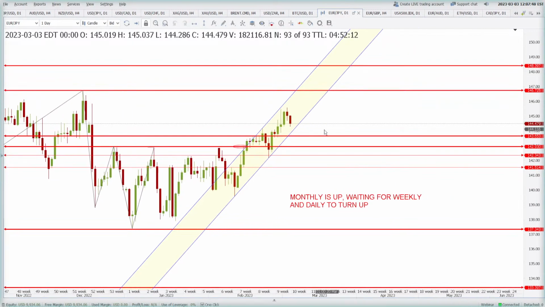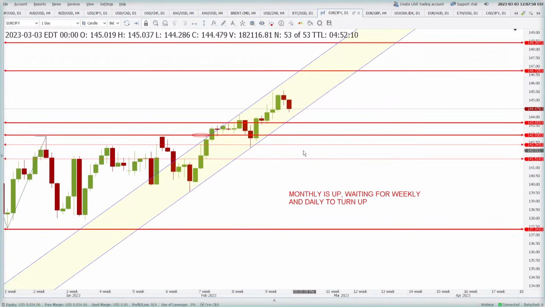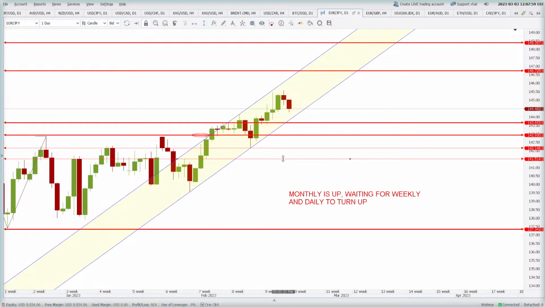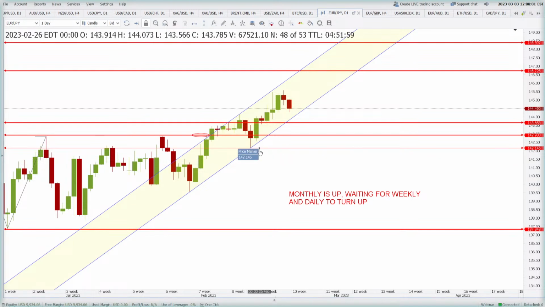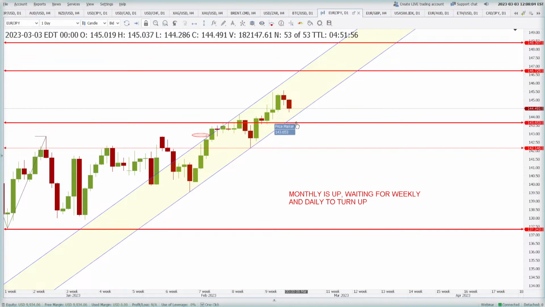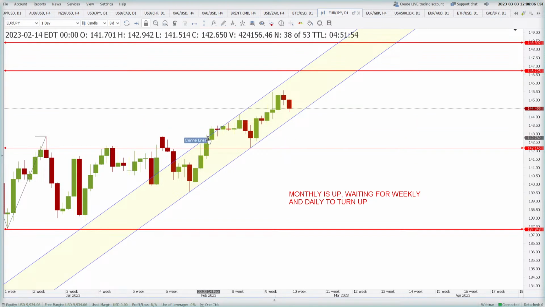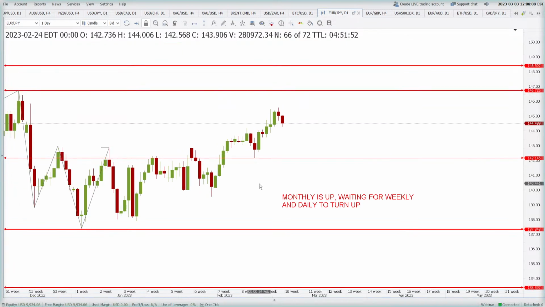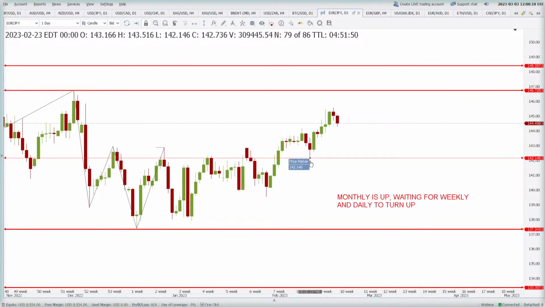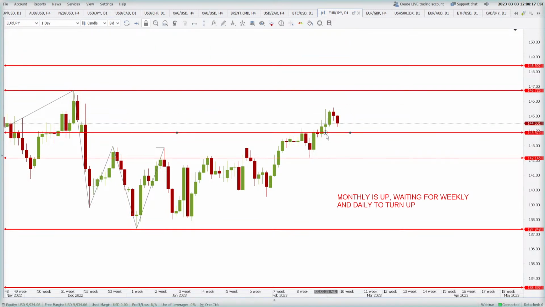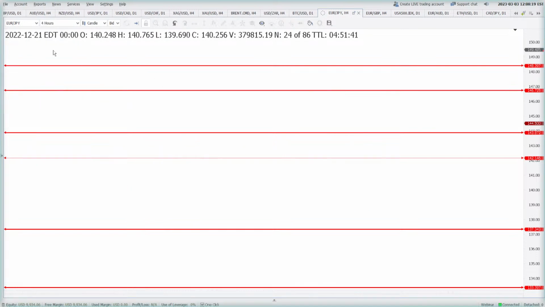Euro JPY, well, we are bullish. This is a pullback, and still we have 142.14 as the level of interest to the downside. I'll just remove all these things so that you don't get any bias. So now this is my level, and actually this can also be a level, because I think on the 4 hour it should be a level.